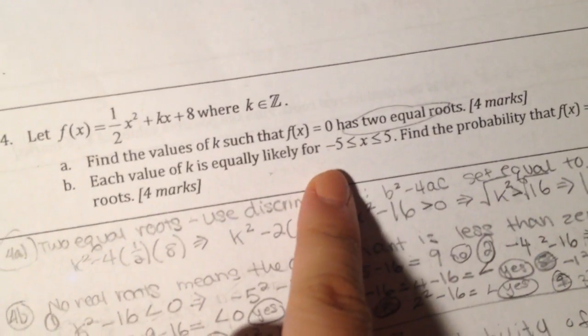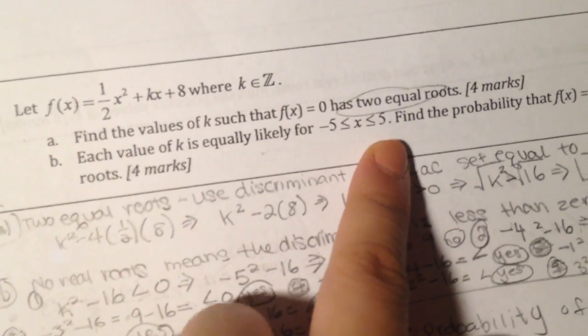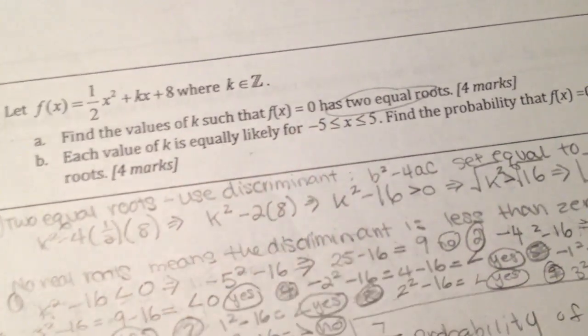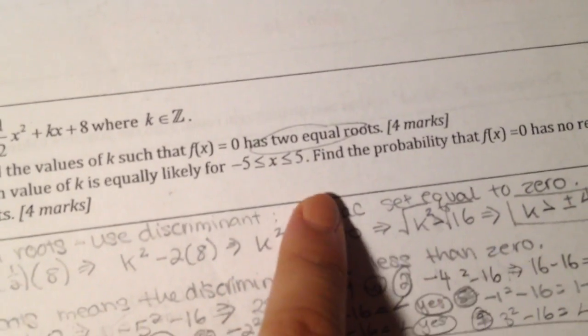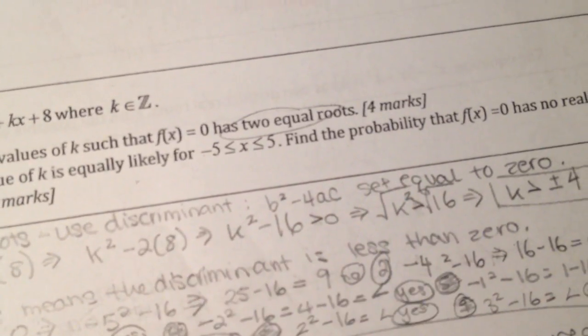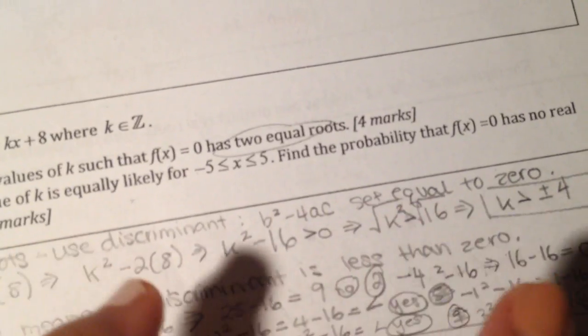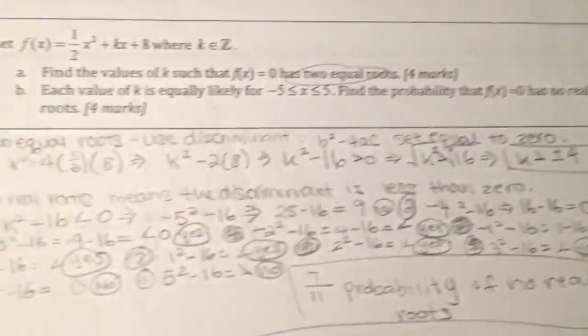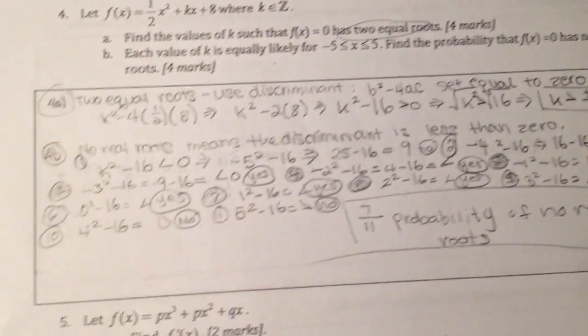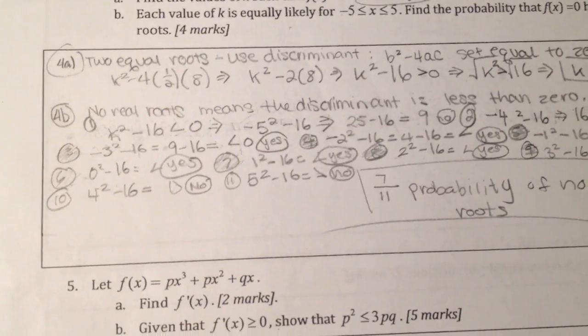the boundary of -5 and 5, where x can equal either one. And so it says find the probability that f of x is equal to 0, and it has no real roots. So when it says no real roots, it means the discriminant should be less than 0.